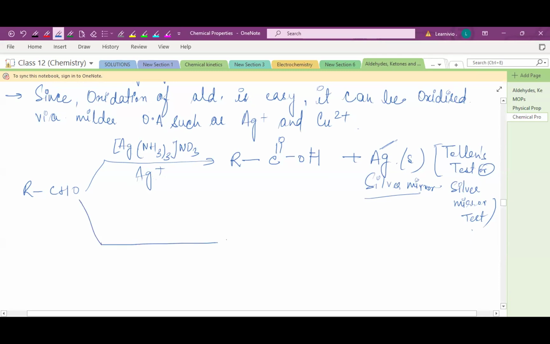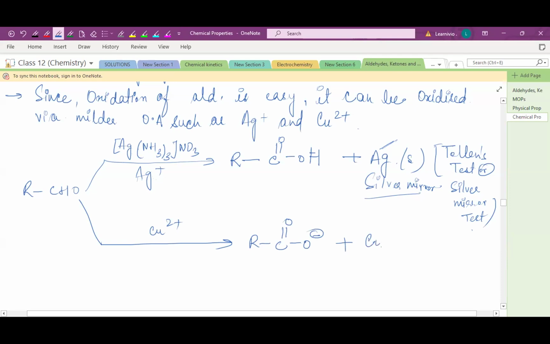Next test is your Fehling test. In the Fehling test, we use the copper 2 plus ion, right? This copper 2 plus ion will get converted, and this aldehyde in the presence of Cu2 plus will get converted into a carboxylic acid. RCOO minus I'm writing, and here you can also write RCOOH, the same thing.